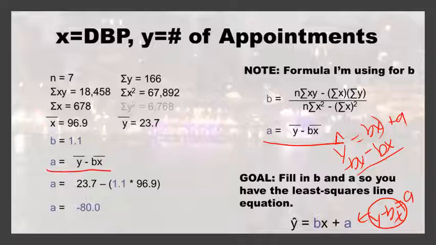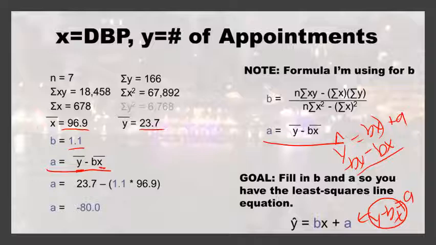Okay, so now we're just going to plug in the numbers that we have and go ahead and solve for a, and this should be really easy. We already have our y bar, sorry, which is 23.7. And then our b we figured out is 1.1, and then our x bar is 96.9.